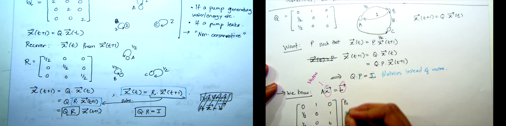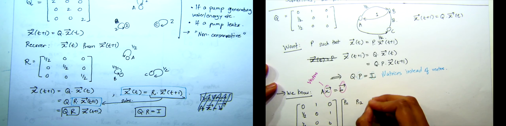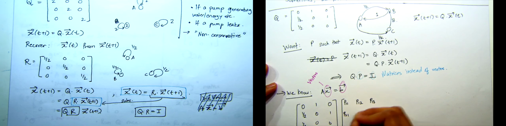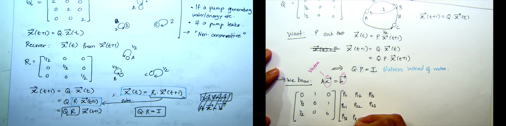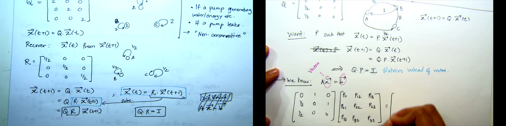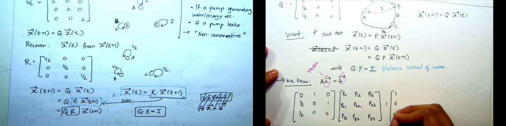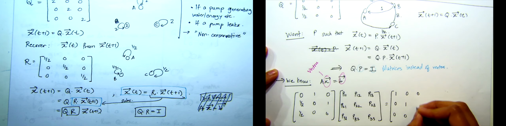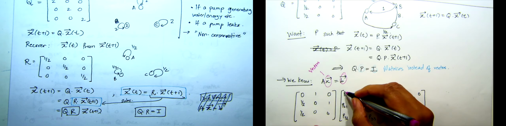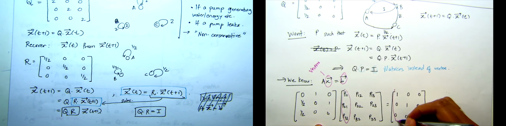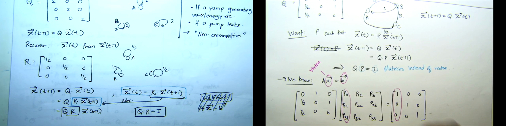I have P1,1, P1,2, P1,3, P2,1, P2,2, P2,3, P3,1, P3,2, P3,3 is equal to 1, 0, 0, 0, 1, 0, 0, 0, 1. And I have these basically stacks of column vectors.